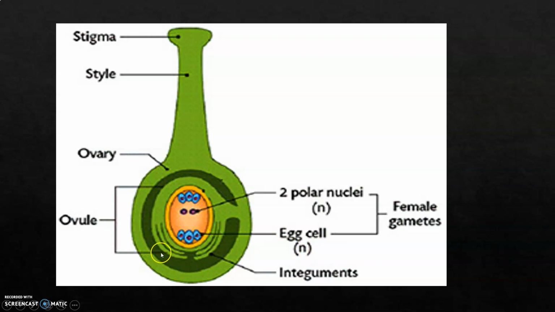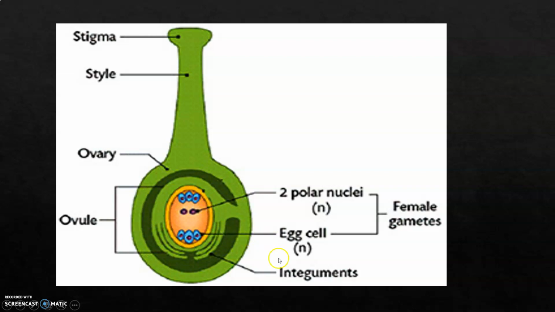Now, the integuments, the coverings that you can see around the ovule, will give rise to the seed coat. I told you this ovule after fertilization will develop into the seed, and the integuments around it will develop into the seed coat.